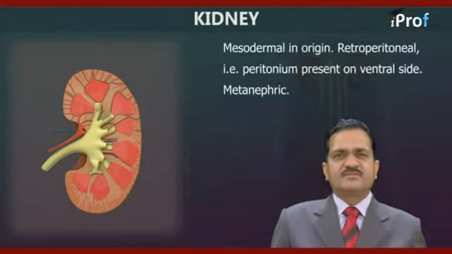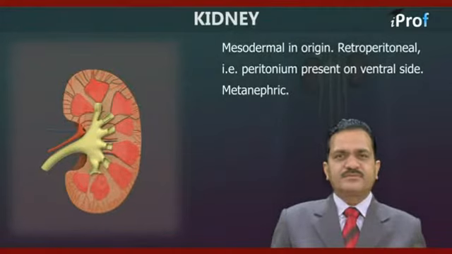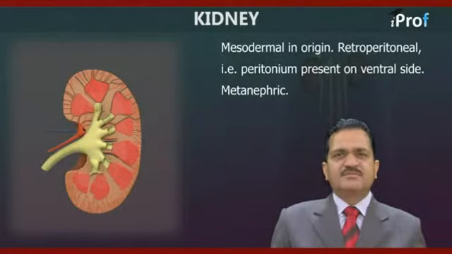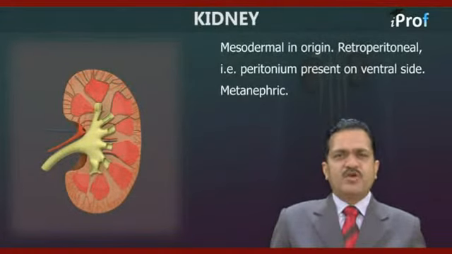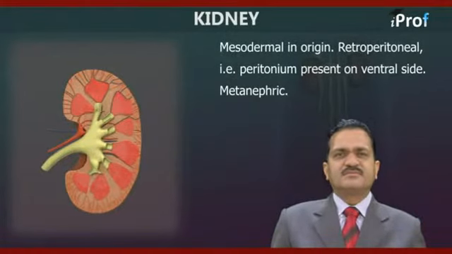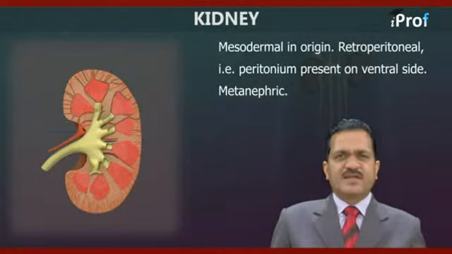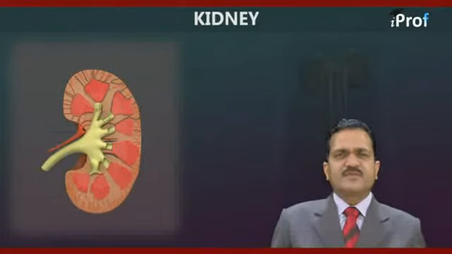Kidneys are mesodermal in origin, retroperitoneal, that is peritoneum present on ventral side. Metanephric kidney is present. Asymmetrical.